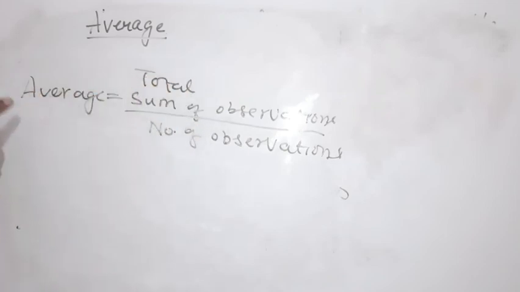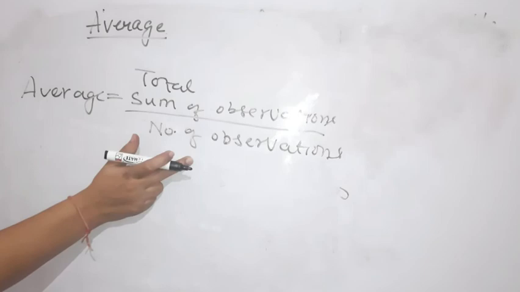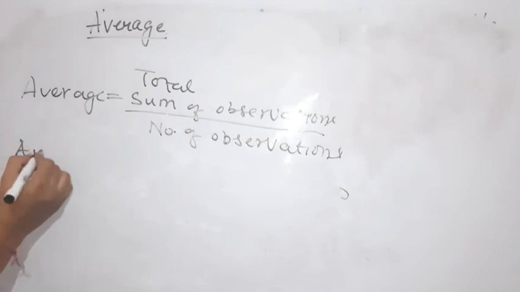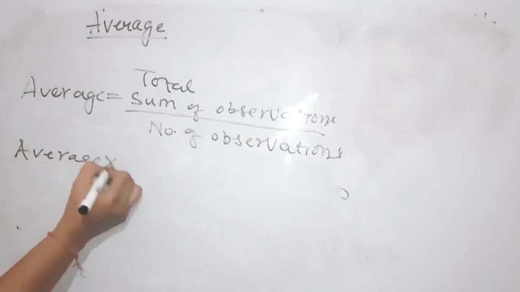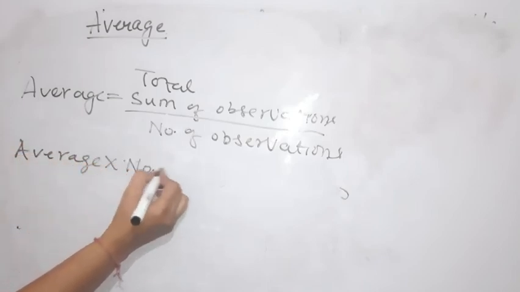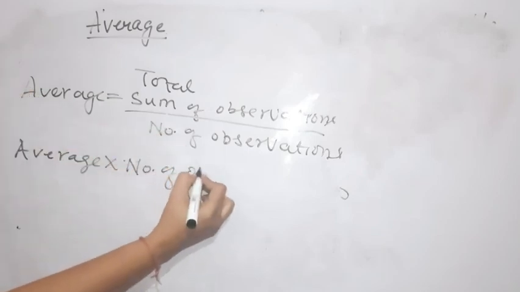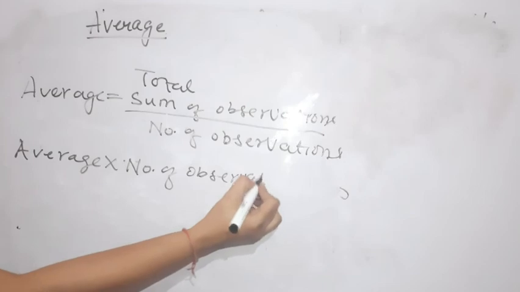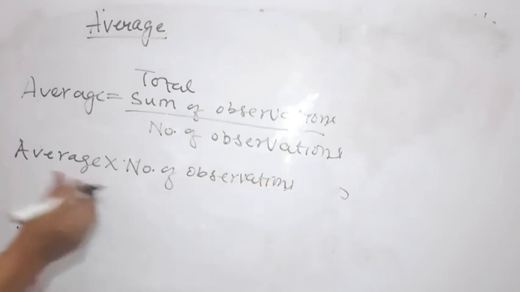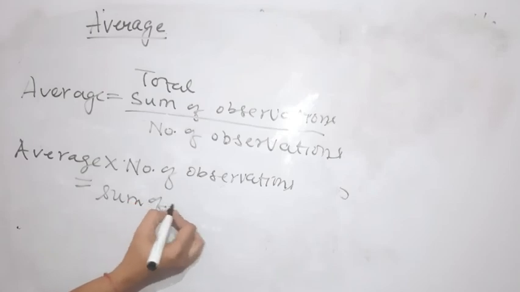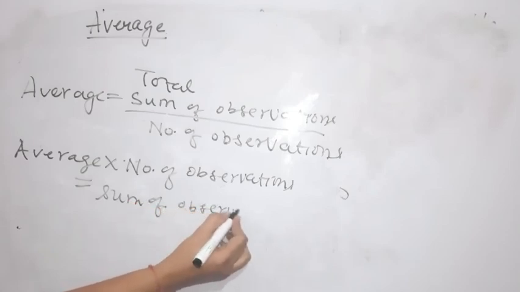So if average and number of observations are given, you can easily find the sum of observations. It will be average multiplied by number of observations, because this is in divide, once it goes to the left hand side, it will be in multiplication. So average multiplied by number of observations is equal to sum of observations.